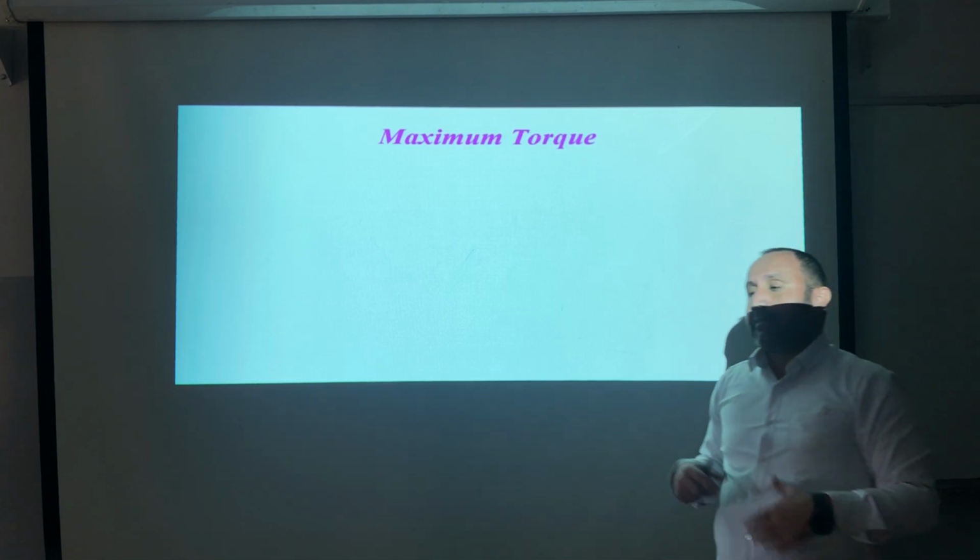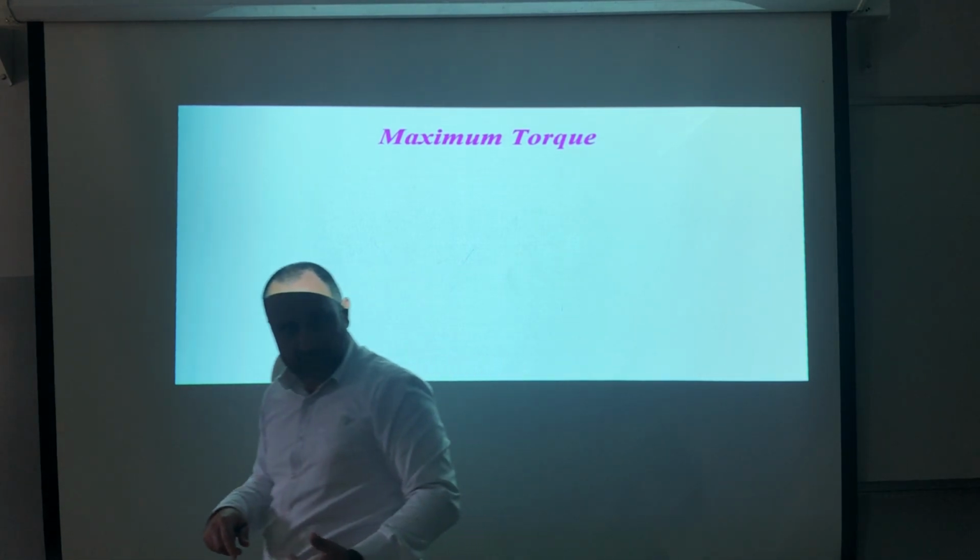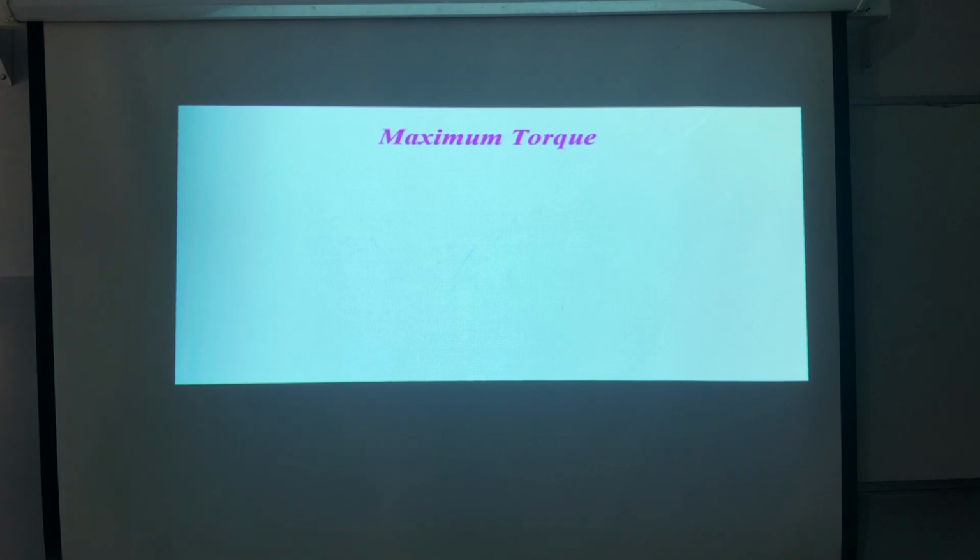If I need to find a maximum of a graph, at the maximum the slope should be equal to 0. So I will differentiate the torque with respect to S and set it equal to 0. Then I will solve this relation for S, and I will have S max. Now this S max, if I substitute it in the torque, I will get T max.